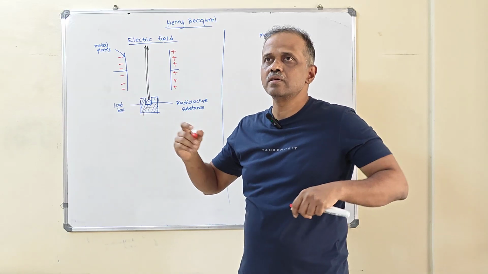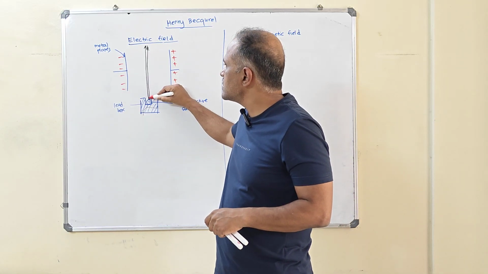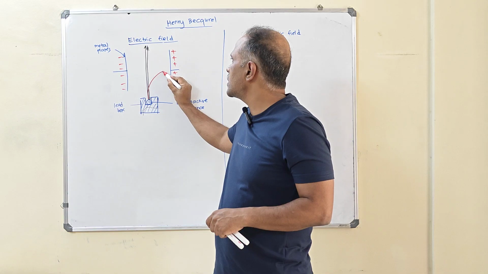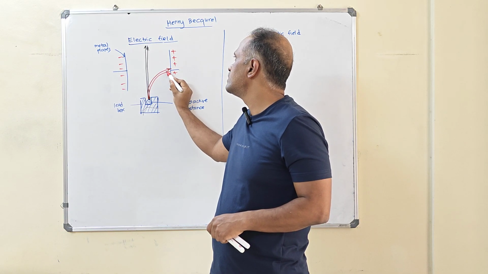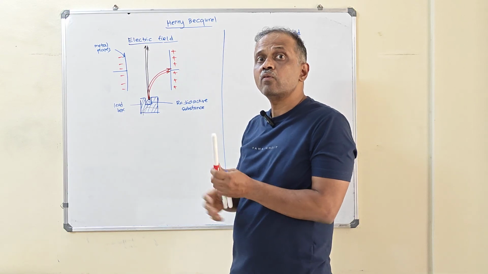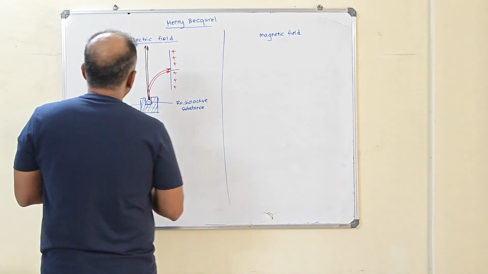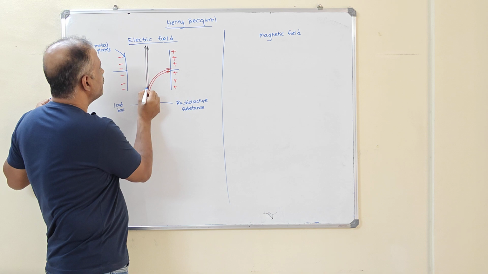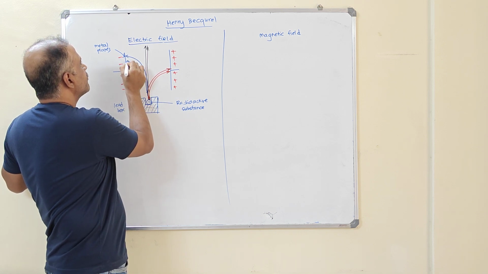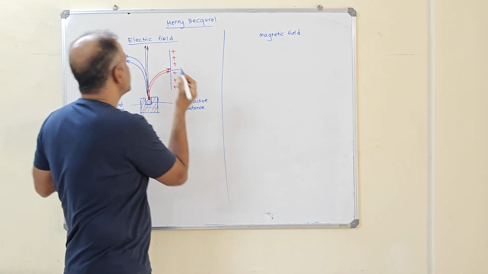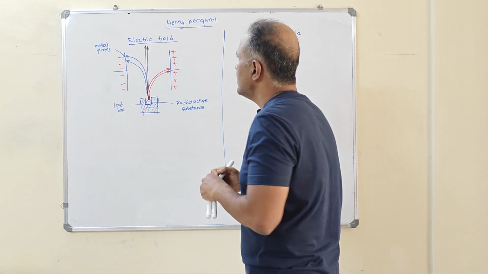The second observation was that certain radiations didn't go straight, but bent towards the positive plate, and certain radiations bent towards the negative plate. They were deflected; deflected is the right word rather than bent.